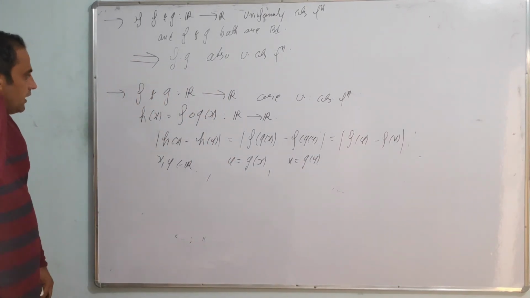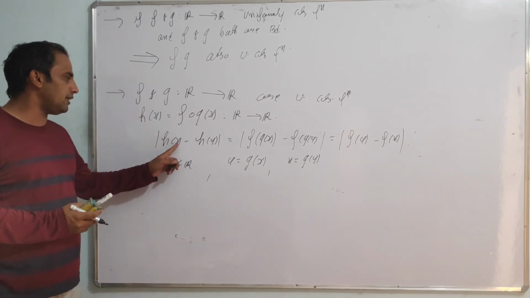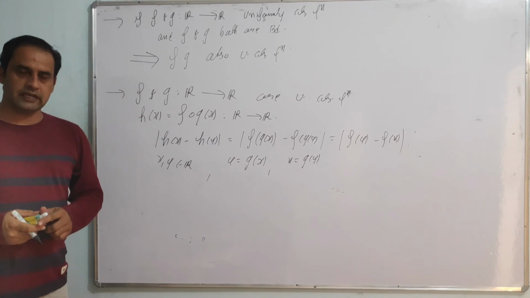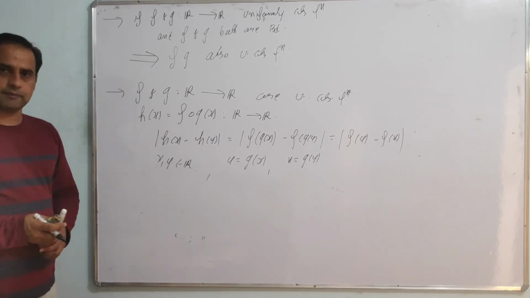Now we have to check that for any epsilon greater than 0, whenever |x - y| is less than delta, then |f(x) - f(y)| should be less than epsilon.